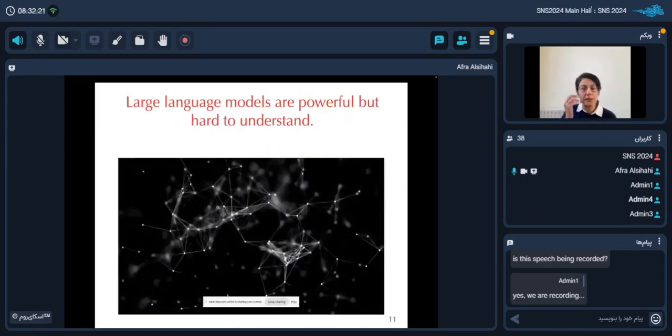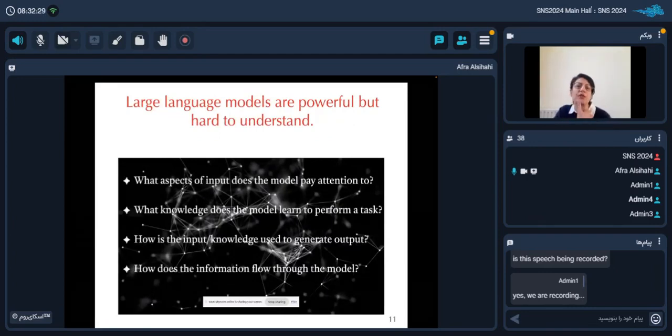The problem is these large language models are very powerful, but they're also very hard to understand, as I said. So there are many questions that we might want to ask. We might be interested in what aspects of the input these models pay attention to. What part of the image, what part of the utterance is most important for the model to do the task that it's trained to do?